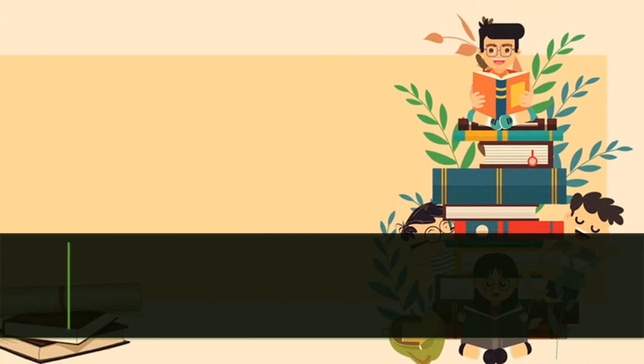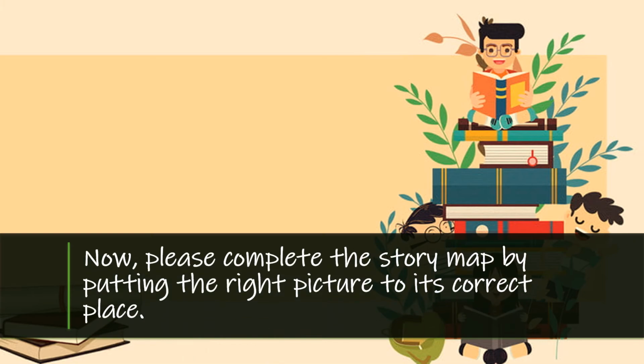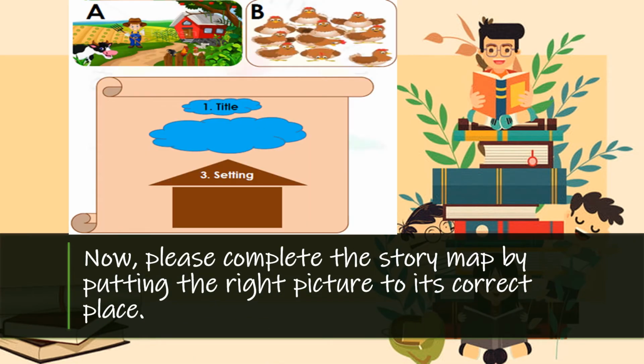Don't miss this part. Now, please complete the story map by putting the right picture to its correct place. There's picture A and picture B. You need more time? You're done? Okay. Letter A tells us the place where the story happens.